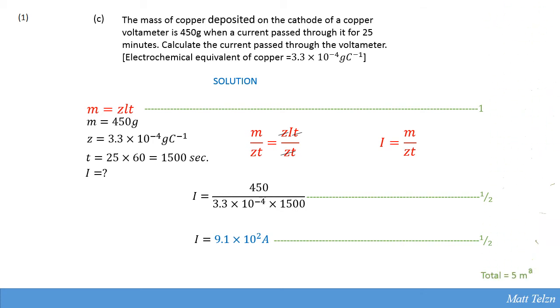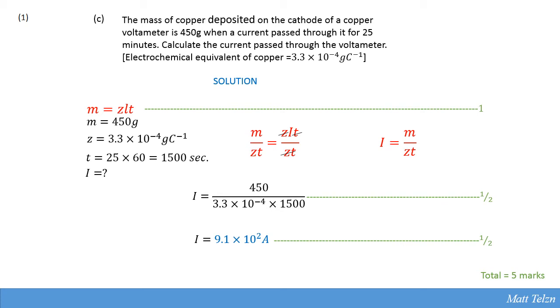Now let's look at the total mark allocated to question 1. The total mark allocated to question 1 is 5 marks. That is why they make it compulsory. So if you answer like this, you have your 5 marks correctly for question 1. Are we all together?